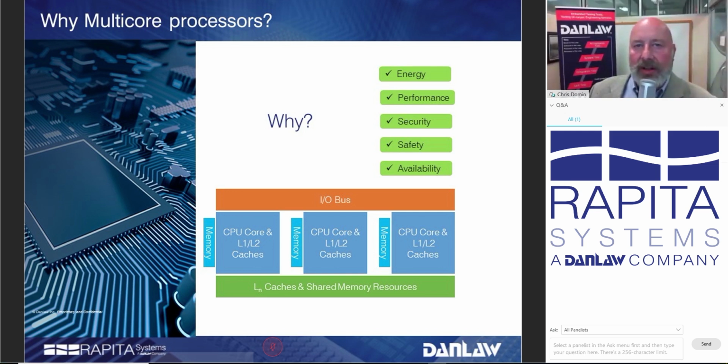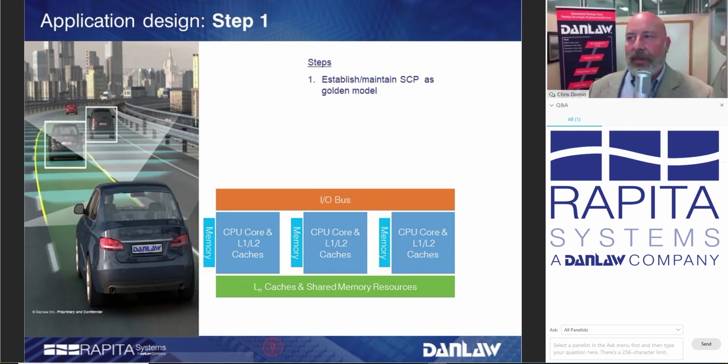And of course, since this is really the state-of-the-art technology that's being promoted across all the different computing platforms, there's decreased pricing and increased availability as more and more of these processors come into the market.